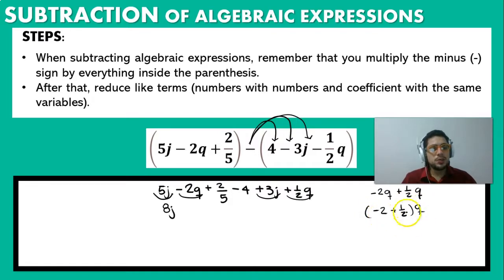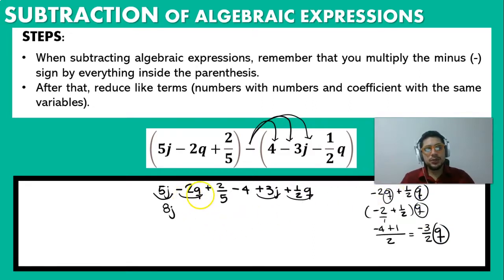So minus 2 plus 1/2 is the same thing as, we have to find the common denominator. So 2 divided by 1 is 2, multiplied by 2 is minus 4, plus 1. So that is going to be minus 3 divided by 2, q, because we cannot forget the q that we have here, right? So minus 2q plus 1/2 q is minus 3 divided by 2, q.